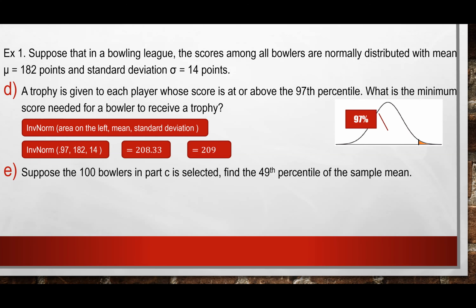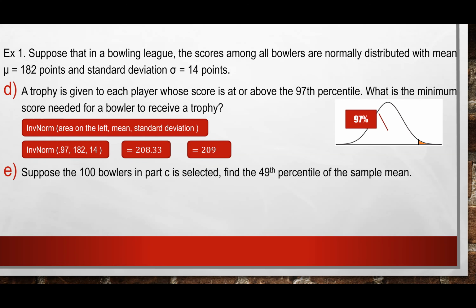So because it's discrete, we always have to go up 1 to make sure that we include everyone. In this case, we want to make sure that if you score 208, you are not at the 97th percentile, so 209 will be the cutoff.